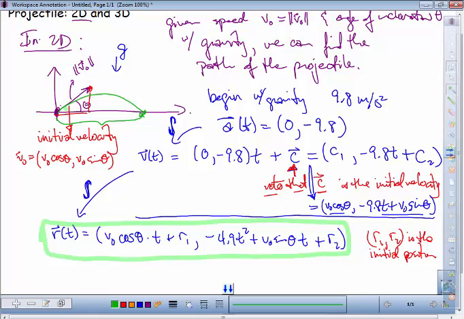So let's do a quick example of this projectile. Yeah? So is the path the position? The path is the position. So the path is your position of the projectile at any time t.